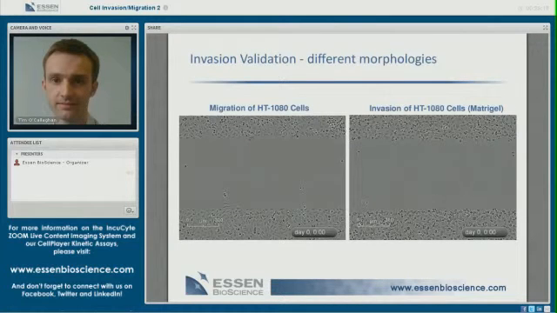We can also investigate cell invasion using this assay format. This is performed by overlaying the wounded monolayer with an extracellular matrix and observing the cell penetration through this matrix over time. Cell invasion is characterized by a very different morphology as compared to migration, and also a much slower time course.